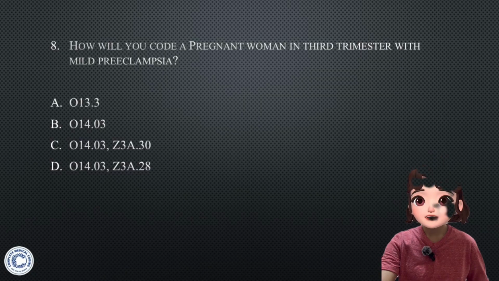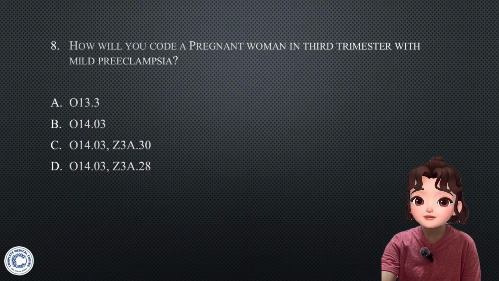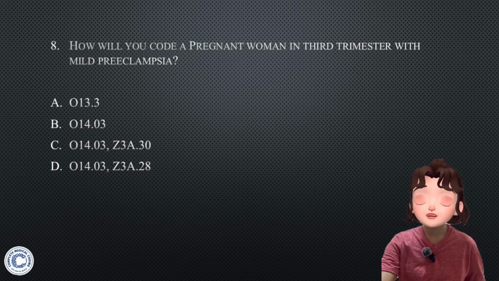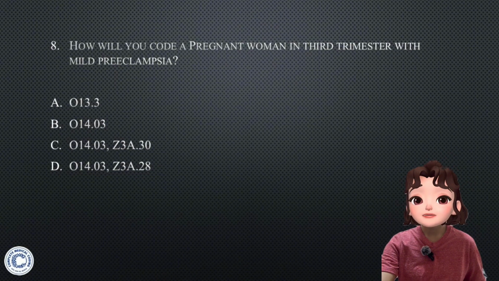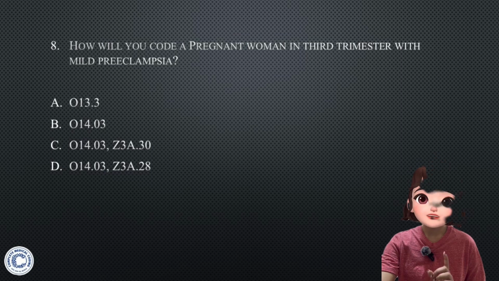Moving to the second option, O14.03. Mild to moderate preeclampsia, third trimester. Yes. In our question, it is mild preeclampsia. So for mild to moderate, you have to use this O code. Even if in the question it is moderate, you have to use the same code, O14.03. But along with that, the patient is in third trimester, so that also you have to code. So go to option C, the same code.